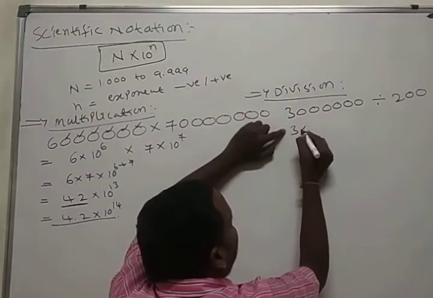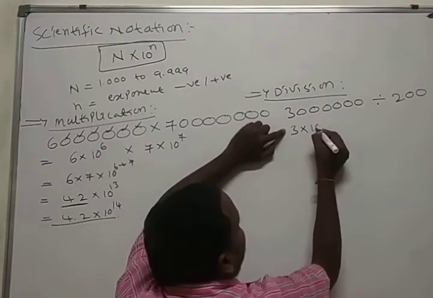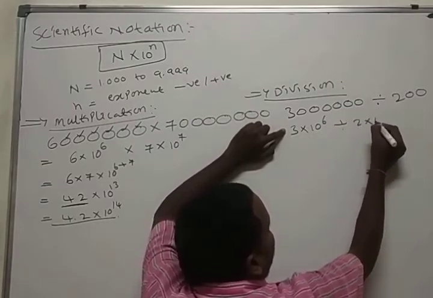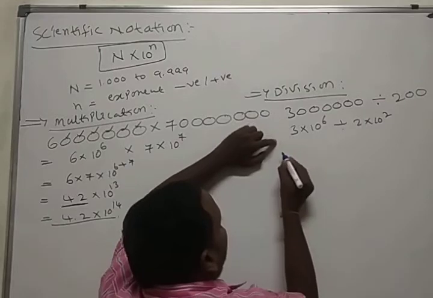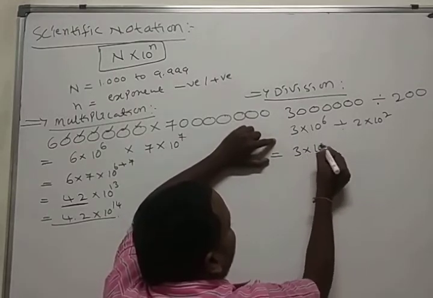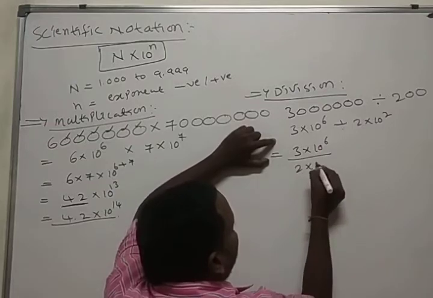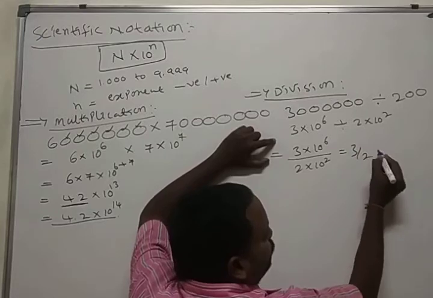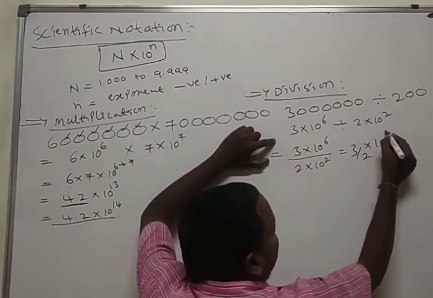Here 3 into, how many zeros are there? 6 zeros. 3 into 10 to the power of 6, division with 2 into 10 to the power of 2. Division means 3 into 10 to the power of 6 by 2 into 10 to the power of 2. This may be written like this: 3 by 2 into 10 to the power of 6.